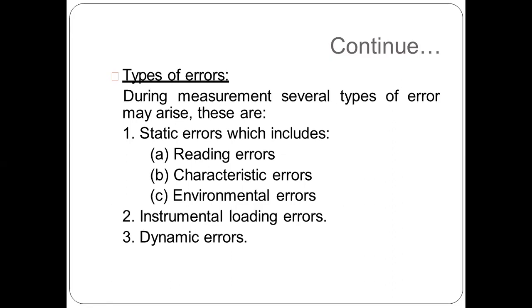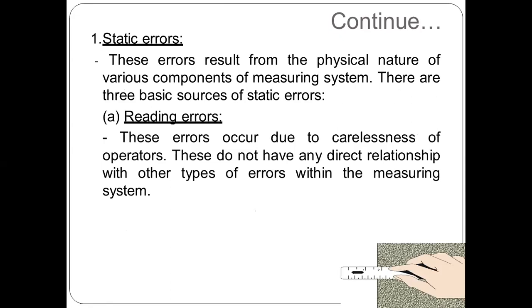First, static error. These errors result from the physical nature of various components of the measuring system. There are three basic sources of static error. Whenever the physical nature of various components varies during measurement, that error occurs.